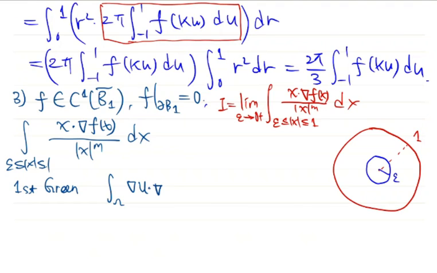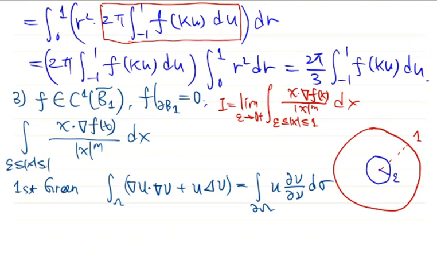plus u times the Laplacian of v will equal, over the boundary, u times the normal derivative of v.